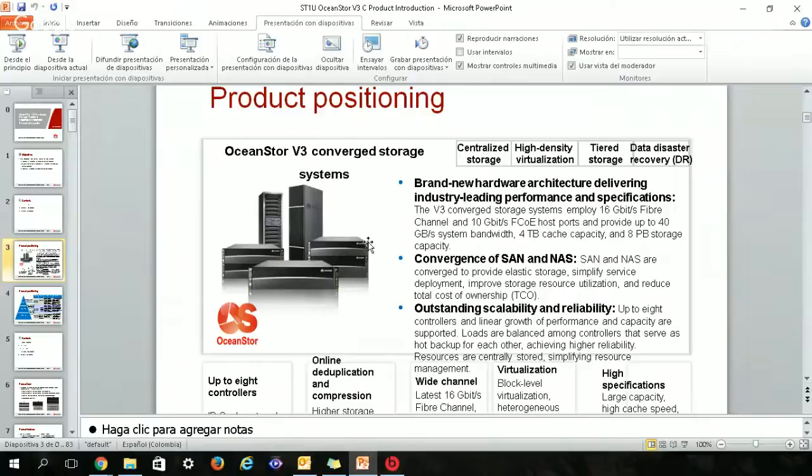The word convergent storage system is just an explanation that this device is going to merge SAN and NAS. For those that are not familiar with SAN, SAN is a storage area network, and SAN uses iSCSI and fiber channels for storing information. iSCSI is Internet Small Computer System Interface.